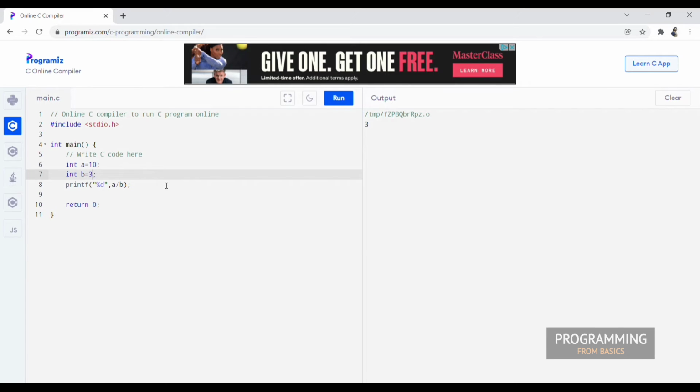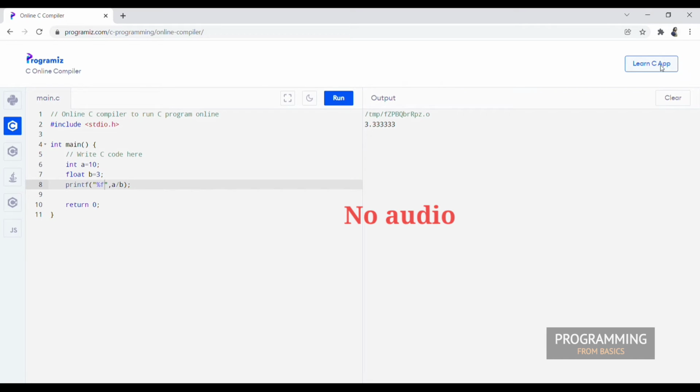For addition, multiplication and subtraction, it's your wish, you can use integers or float numbers. But coming to division, I always suggest you use float, because float gives you the accurate value. So we'll be using float here.